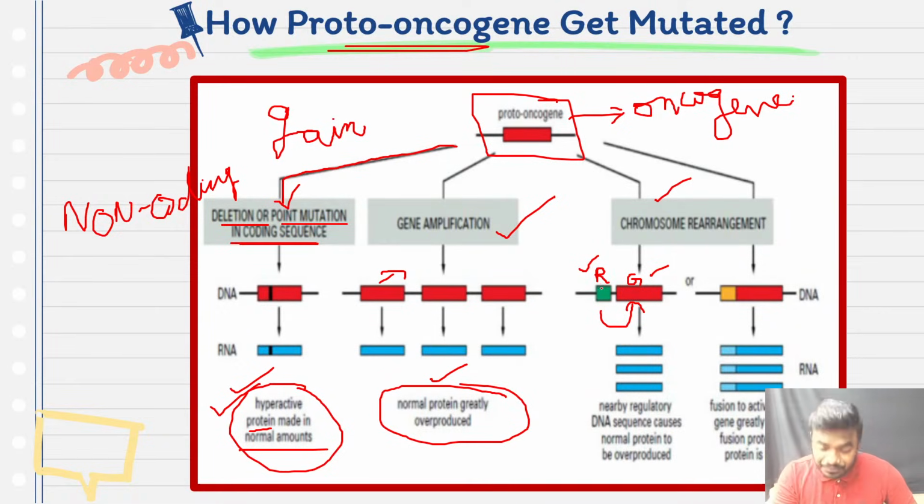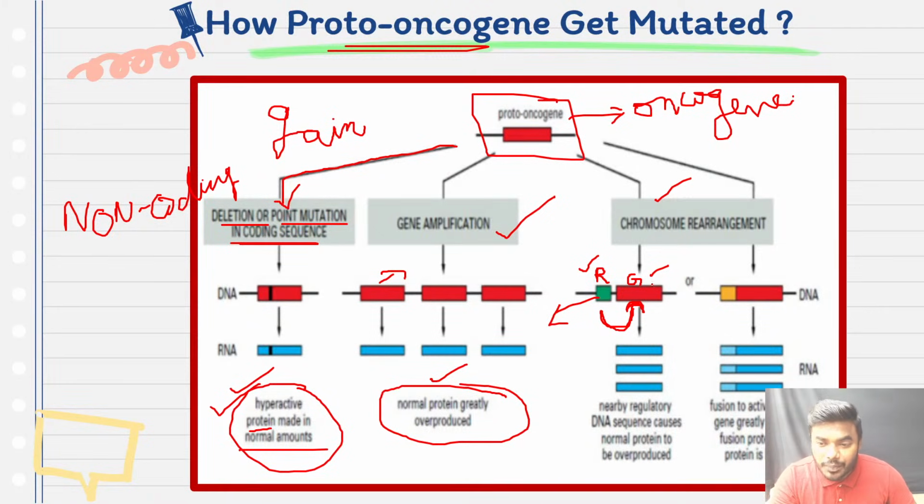So friends, that regulatory gene lost its ability to control this particular gene sequence. That's the point. Nearby regulatory sequences cause normal protein to be overproduced. Kindly do not get confused with that particular point.